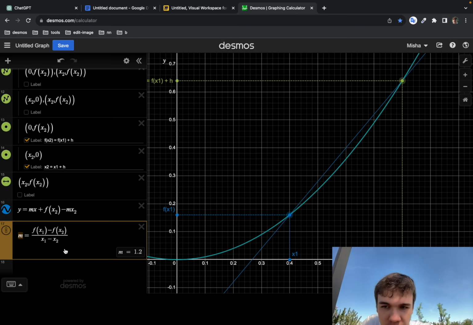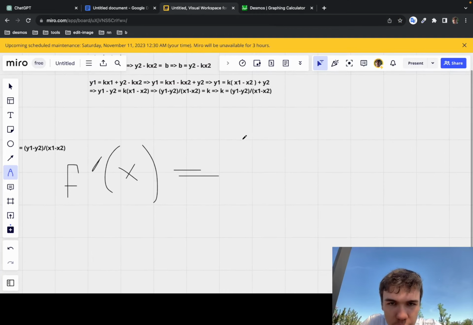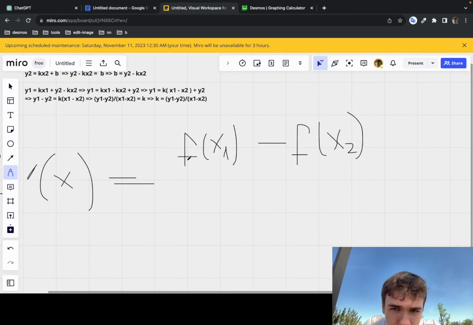So I'm going to rewrite this into our definition of the derivative. Our derivative is equal to f of x1 minus f of x. Basically, the proper way is to say f of x2 minus f of x1, because f of x2 is greater than f of x1.